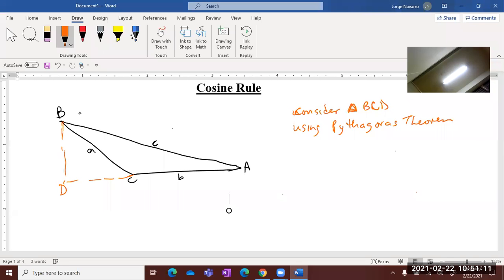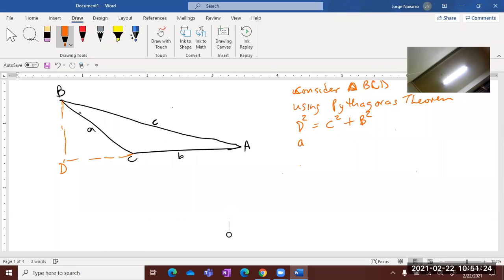So that means that D squared is equal to C squared plus B squared. Obviously, D squared is side E. So E squared is equal to this imaginary C, which I'm going to call BD squared, plus this side, which is imaginary B, which is CD squared. Everybody with me? Guys, are you with me?